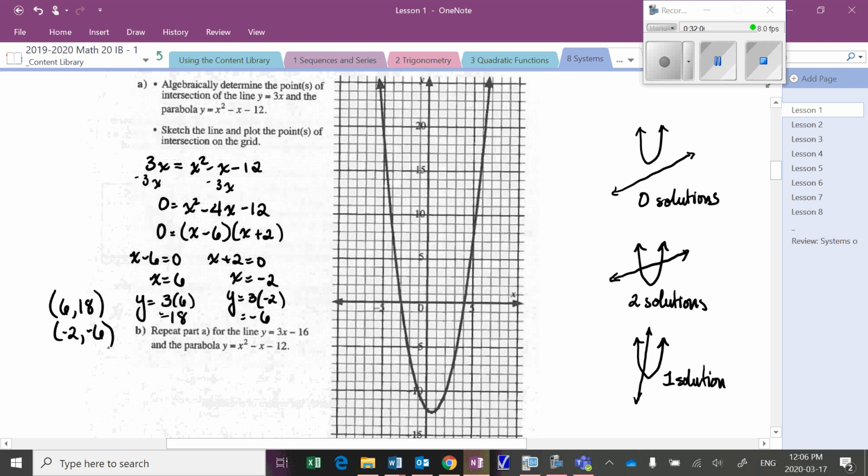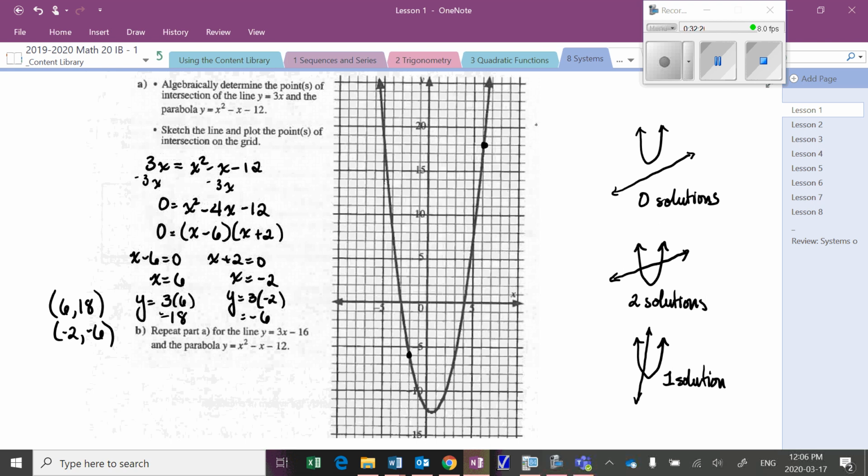So if I wanted to graph those, I can do one of two things. Obviously, I could just plot those 2 points on here, 6 and 18 and negative 2 and negative 6, and I only need 2 points to draw my line.